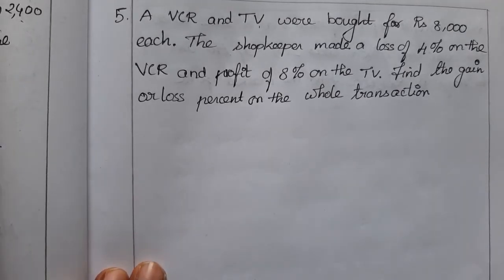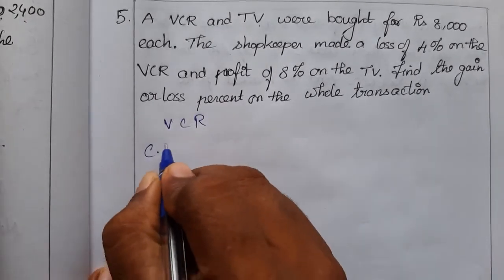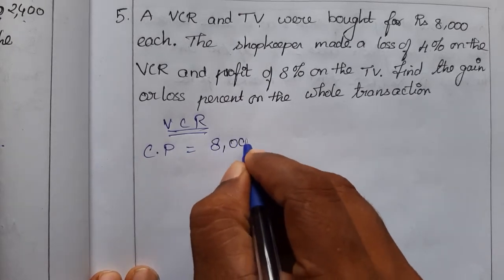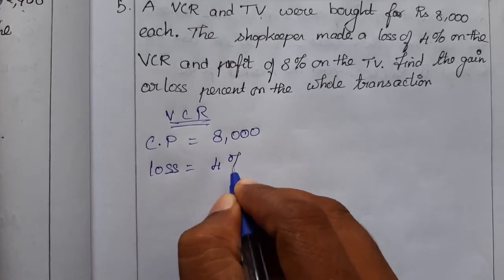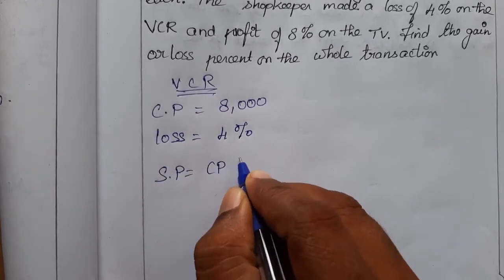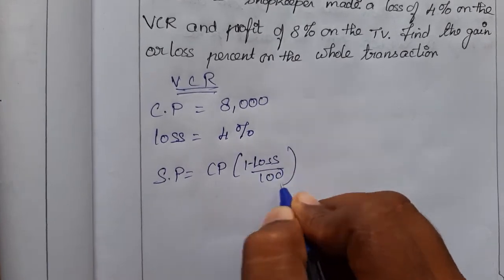So first let me solve for the VCR. So the cost price of the VCR is 8,000, right? And it's sold at a loss of 4%. So we have to find the selling price. So selling price is equal to cost price into 1 minus loss by 100. Clear?